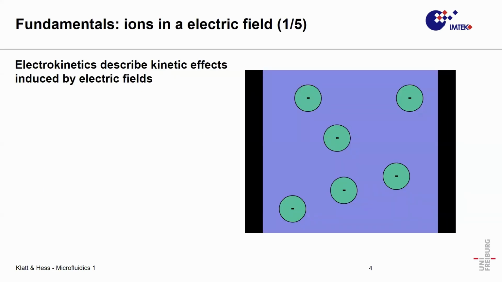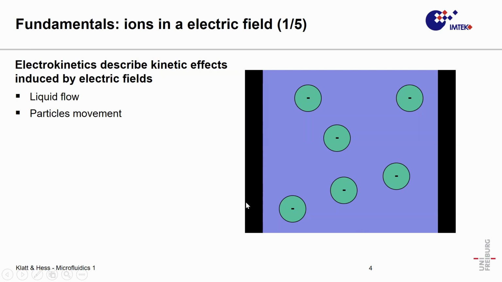In general, you can state that electrokinetics describe kinetic effects induced by electric fields. And these kinetic effects can either be a liquid flow or particle movement. So now I want you to take a look at the right-hand side, because this is a picture that will come over and over again.